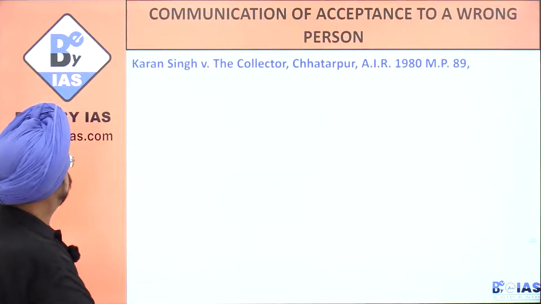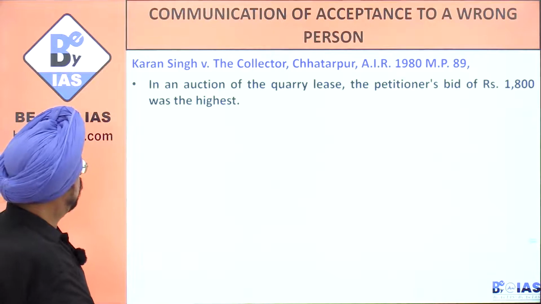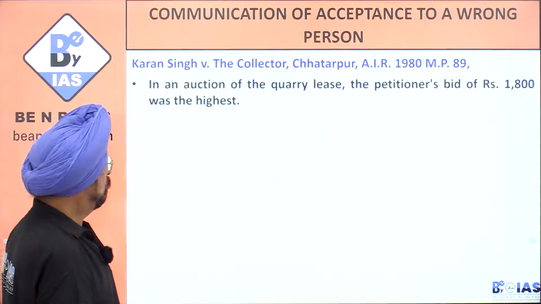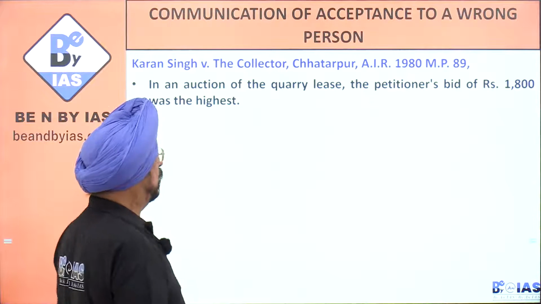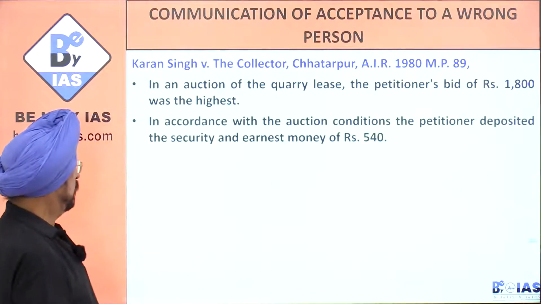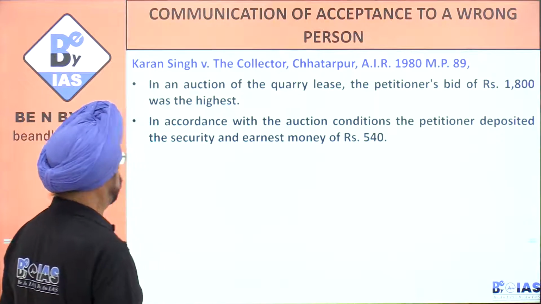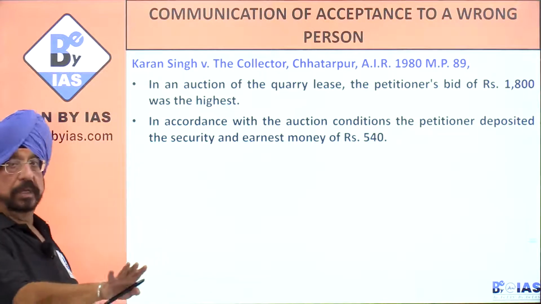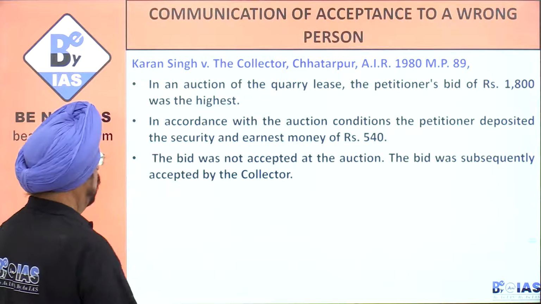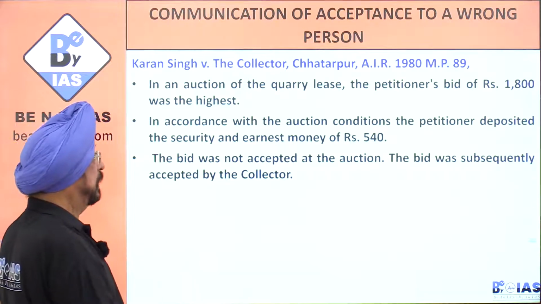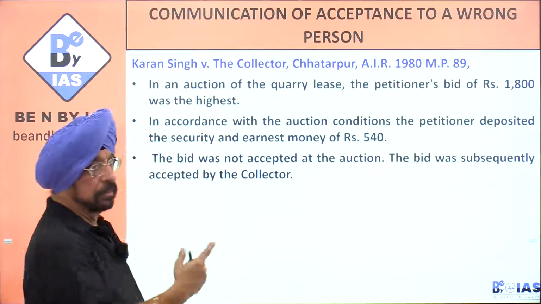So, it failed. Another important case: in an auction of a quarry lease, the petitioner's bid of 1800 was highest. In accordance with the auction conditions, the petitioner deposited the security and the earnest money of 540. The bid was not accepted at the auction.